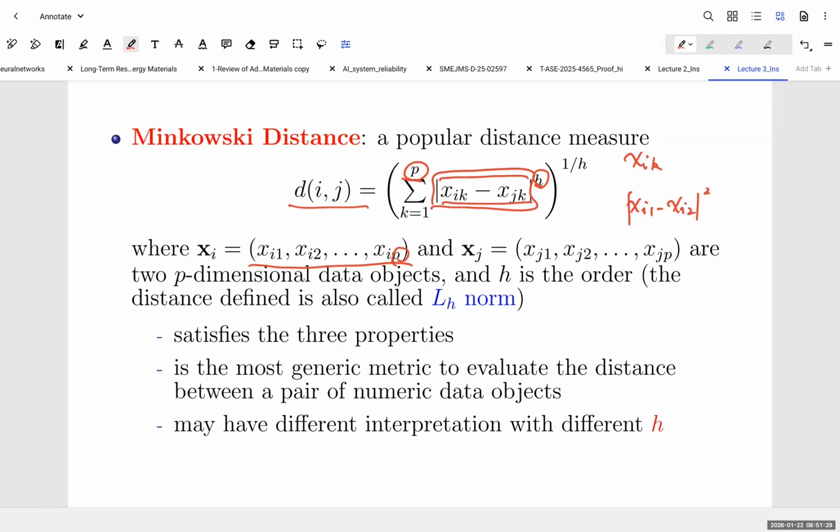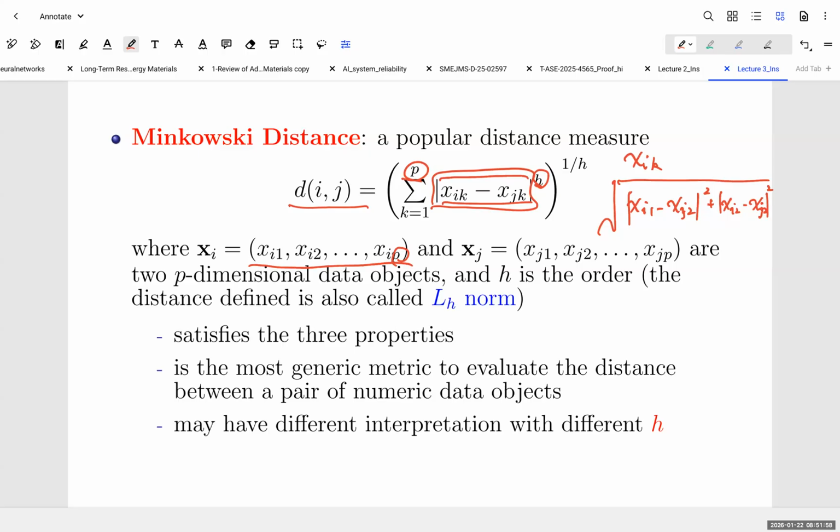So h is equal to 2, plus xi2 minus xj2, take absolute value, square it. And we have this summation. What we do next, we take a square root. That's 1 over 2, right?